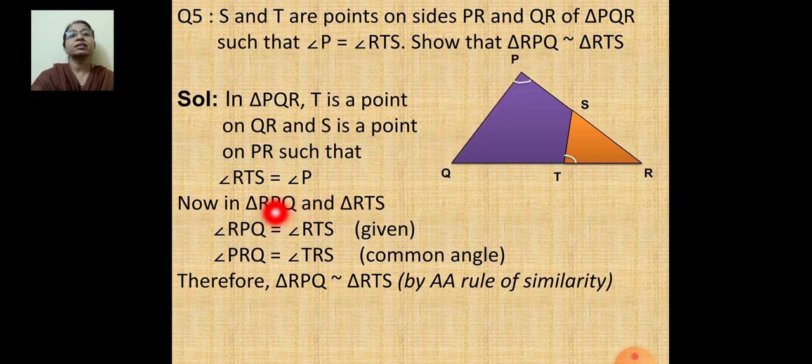So take two triangles, triangle RPQ and triangle RTS. Here angle RPQ is equal to angle RTS, which is already given to you, and angle PRQ and TRS are the same angle, only the names are different, and this angle R is common in both the triangles. Therefore triangle RPQ is similar to triangle RTS by angle criteria.